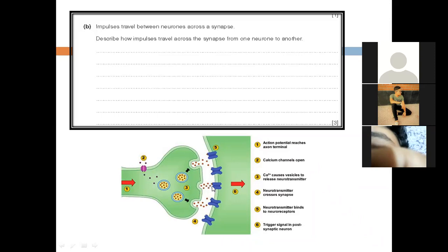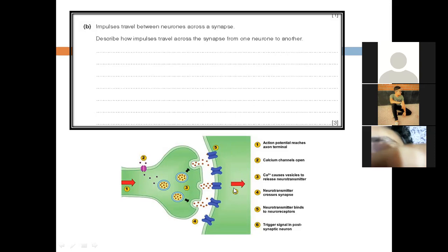And when it binds with the postsynaptic nerve receptor, a channel will open, right? That channel will open for sodium ion, and influx of sodium ion will happen. Influx of sodium ion means too much sodium will enter the postsynaptic nerve, and it means this postsynaptic nerve is now depolarized.